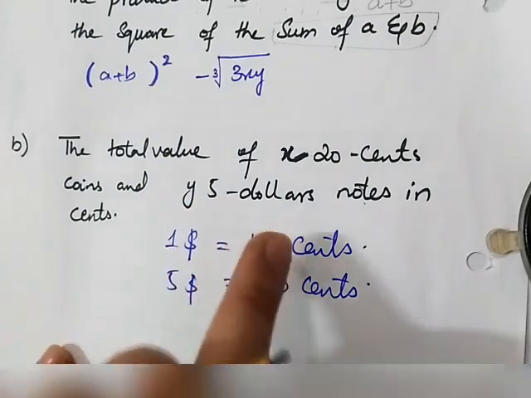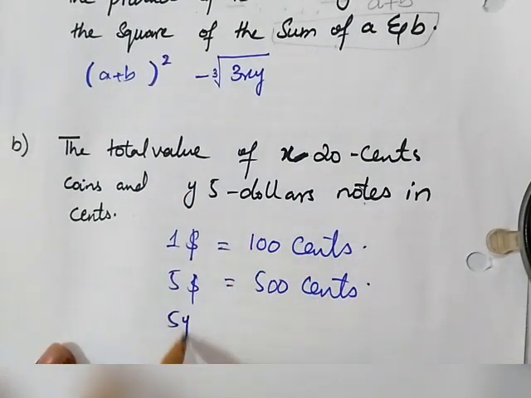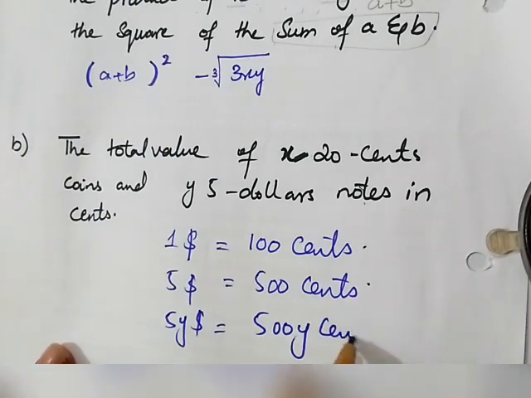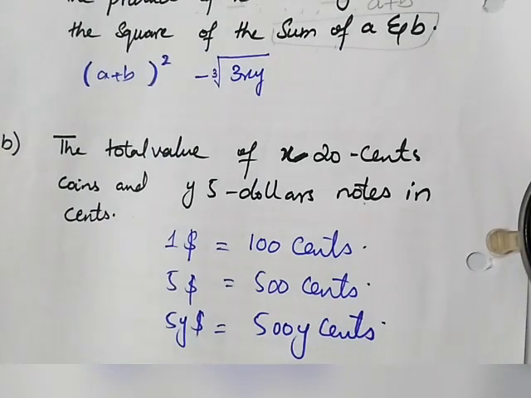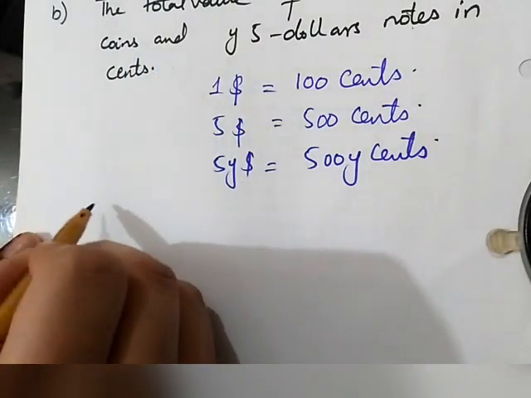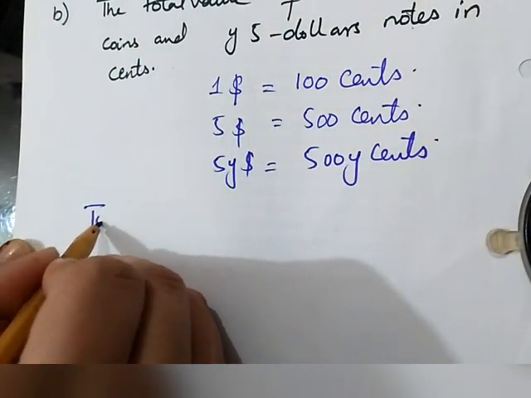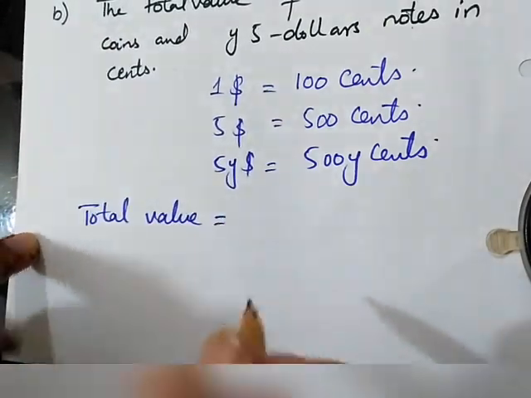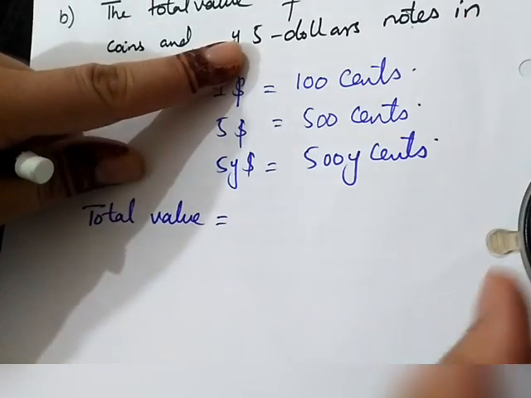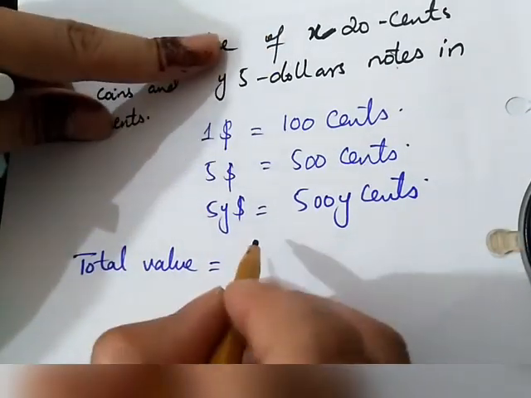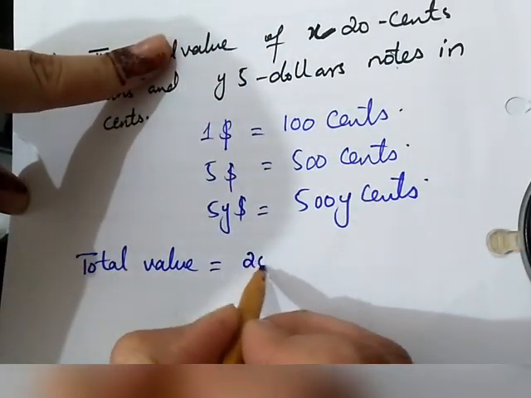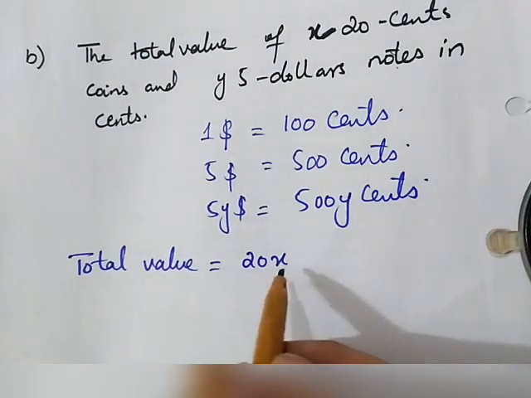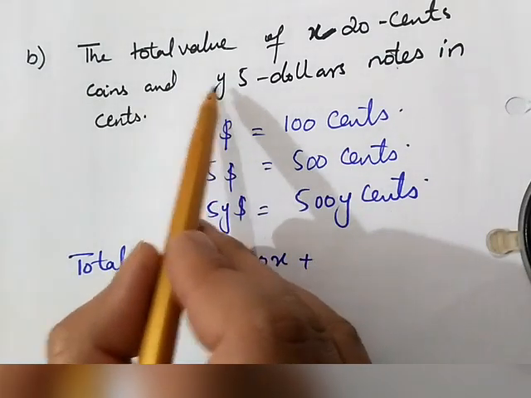So it is $5y. Now we can write $5y is equal to 500y cents. Now we make the statement. First of all, you have to write the total value. The total value of x 20 cents coins means 20x, because the coefficient comes first. 20x plus $5y.